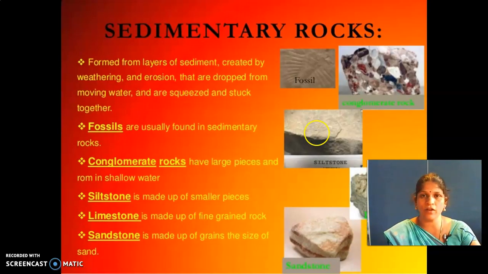Next, sedimentary rocks, from sedimentum, settled down. Water and other natural processes such as wind carry minerals or rocks and settle them in one place, which turn into rocks called sedimentary rocks. What are the examples of sedimentary rocks? Fossils, conglomerate, siltstone, limestone and sandstone.